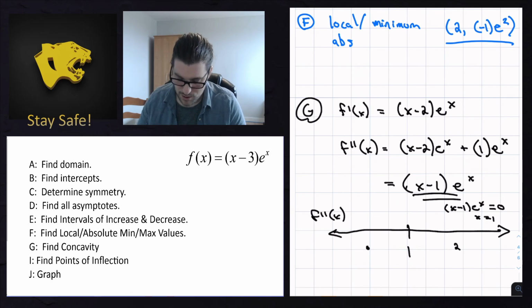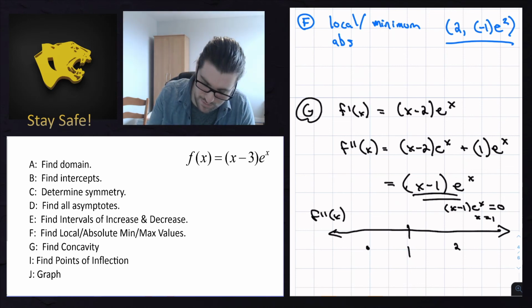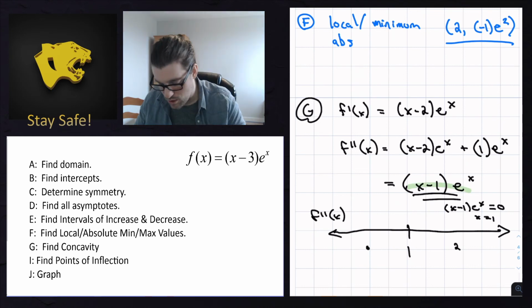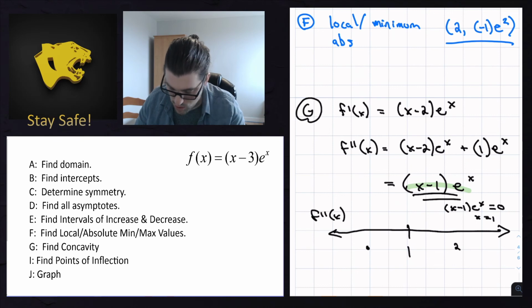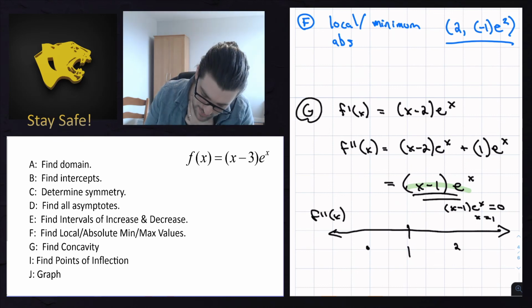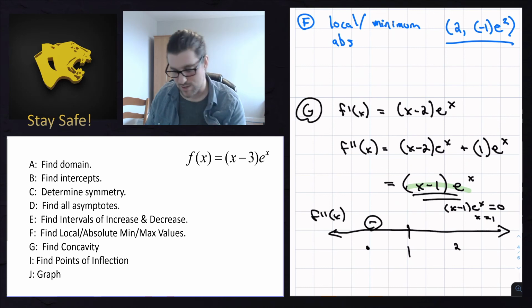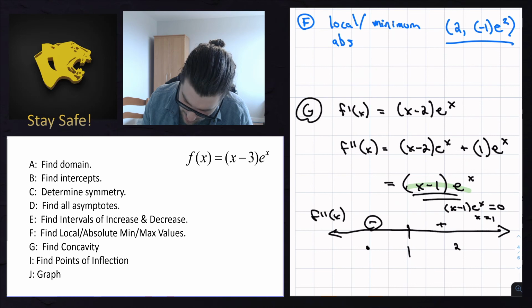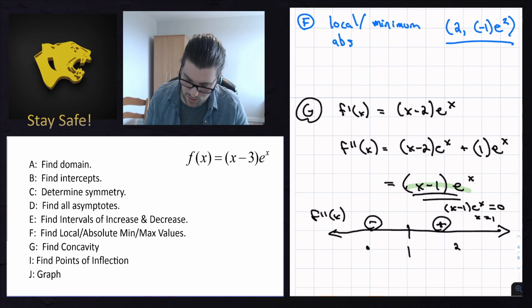If I put 0 into the second derivative, that would be minus 1 times e to the 0, which is 1. So minus 1 times 1 gives me negative 1. The only thing that really matters is the sign. If I put in a 2, that's going to be 2 minus 1, which is 1, times e to the 2. Again, e to anything is always positive, so that's going to be positive on this interval.